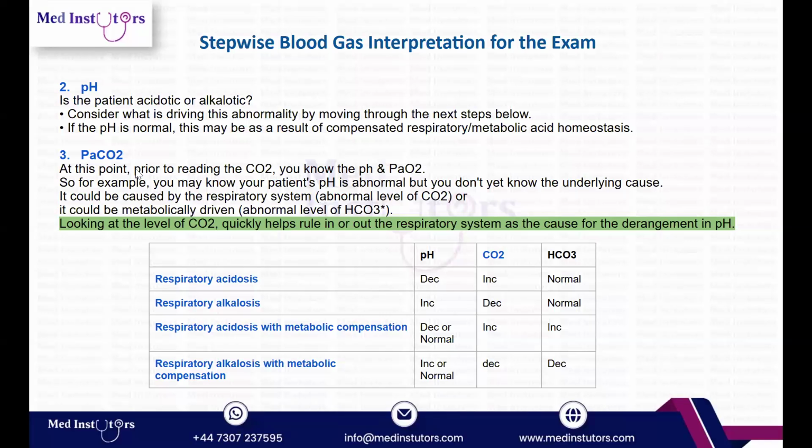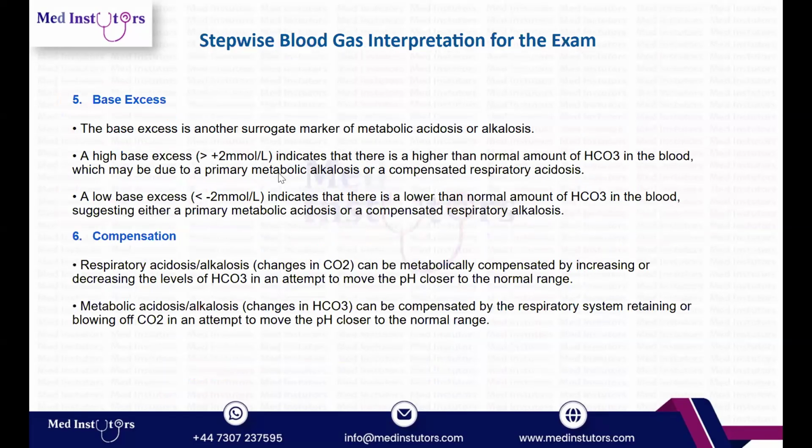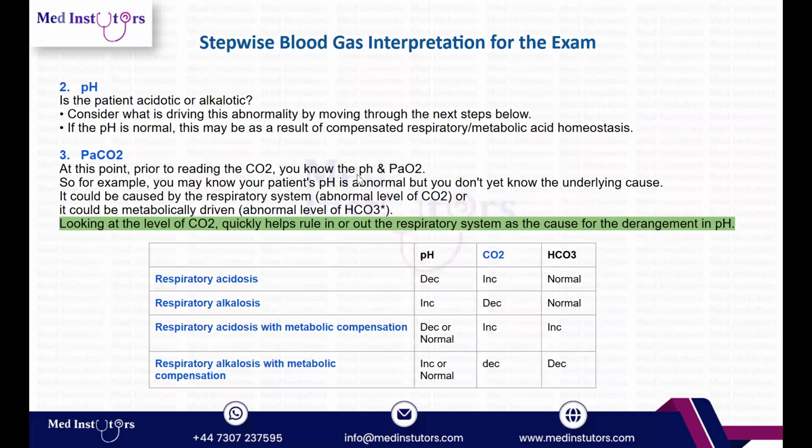Partial pressure of carbon dioxide: prior to reading the carbon dioxide, you know the pH and the partial pressure of oxygen. So for example, you may know your patient's pH is abnormal, but you don't yet know the underlying cause. It could be caused by the respiratory system, and as I have already explained, you can look at the carbon dioxide level, just remember the ranges.